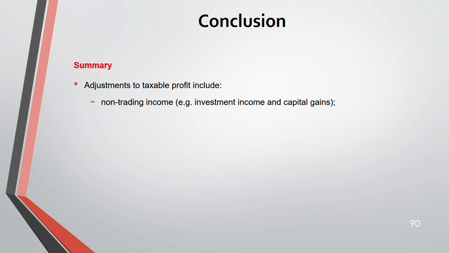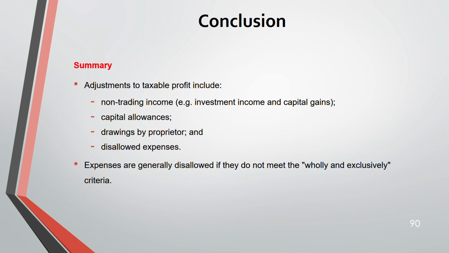If it's a non-trading income, like we have seen, savings income, dividend income, we deduct. Okay. Capital allowances, we deduct. Then drawings and disallowed expenses. So these are the adjustments. Because of this, there could be changes to your taxable profit. Expenses are generally disallowed if they are not for your trading.